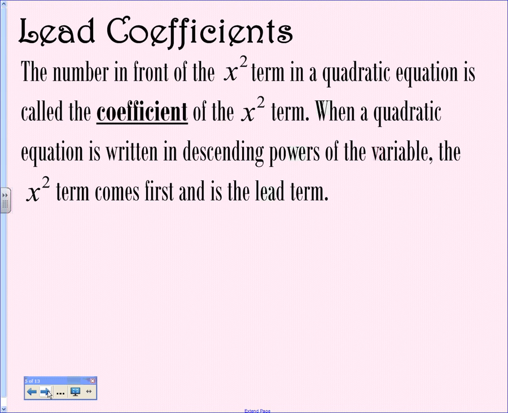If you take your x squared term and put it at the front, because it's the largest power, you're going to have your x squared term at the beginning of your equation. And so it's going to become your lead term, because it's the leader, it's at the very front.